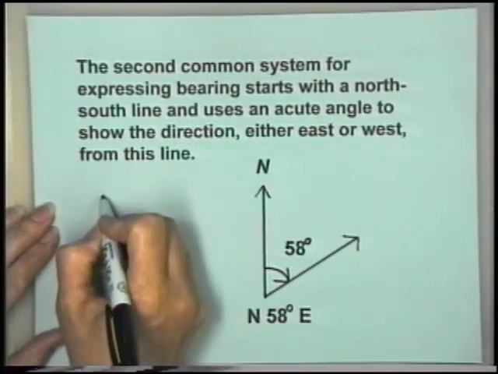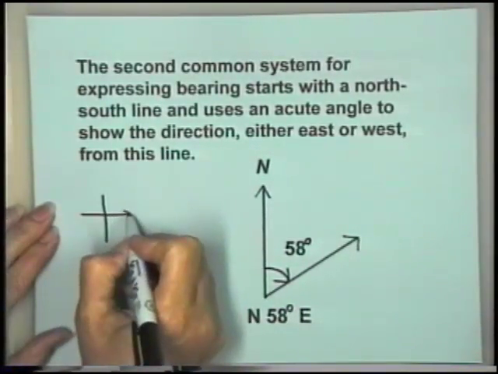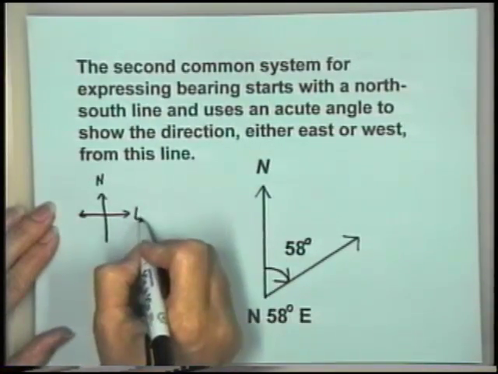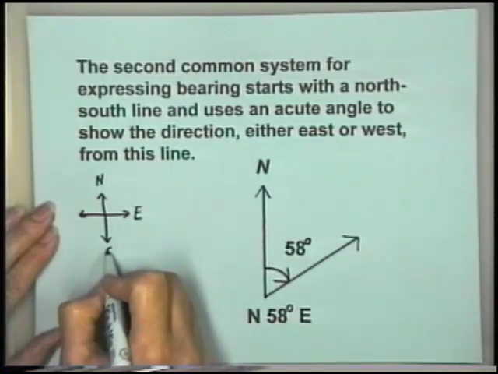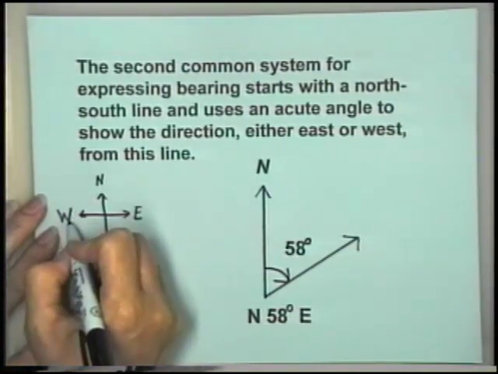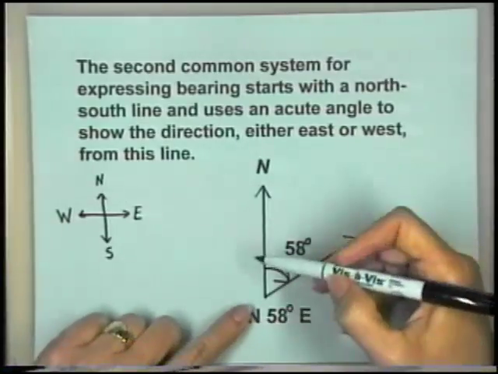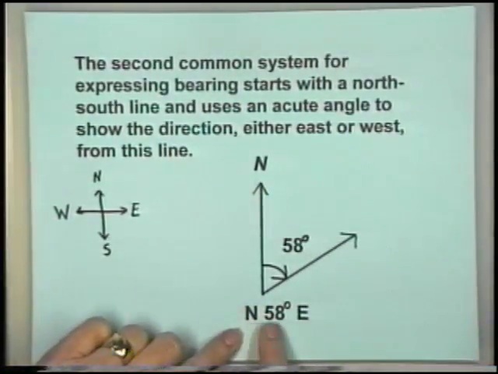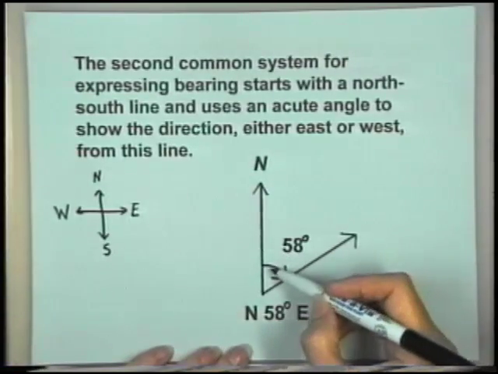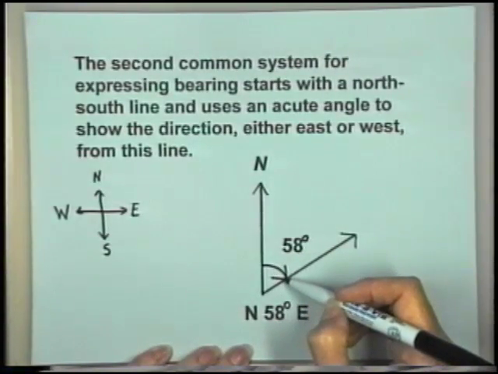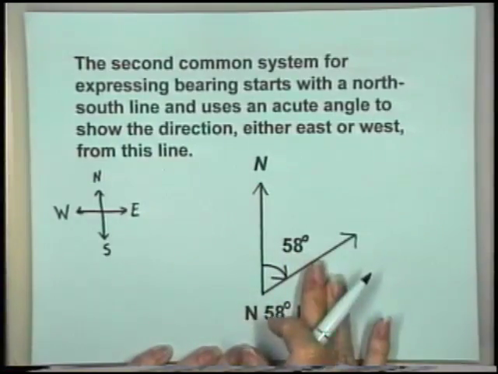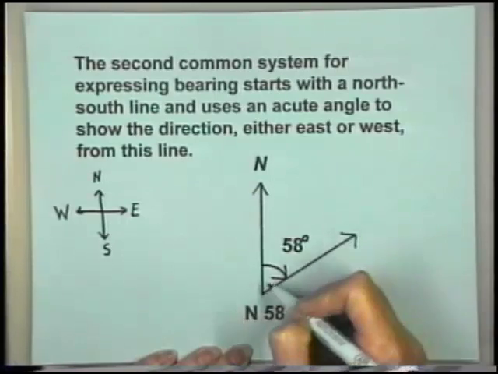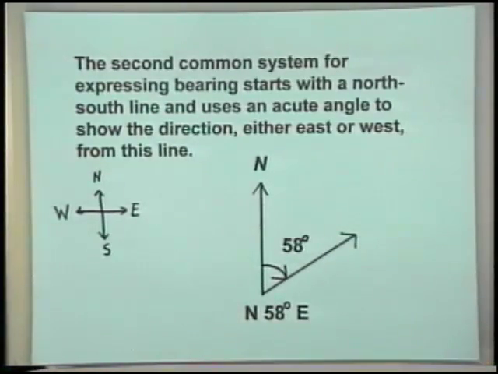Now, we're sort of assuming here that we all know that this direction is north, east, south, west. So here's my north line, and the north 58 degrees east would mean that this angle was 58 degrees, and notice this is the east direction, so my plane would be flying out on this line somewhere.